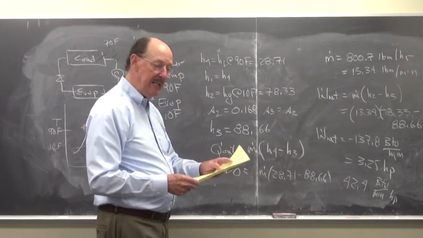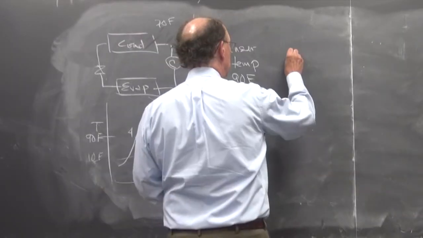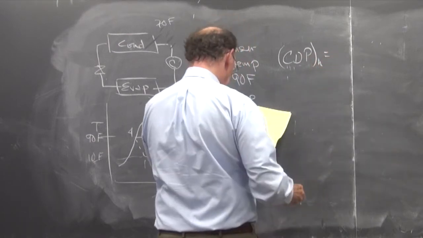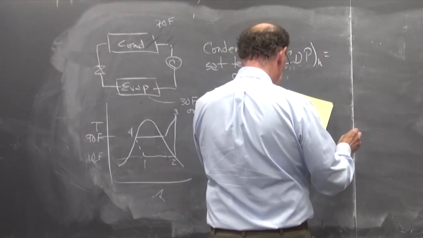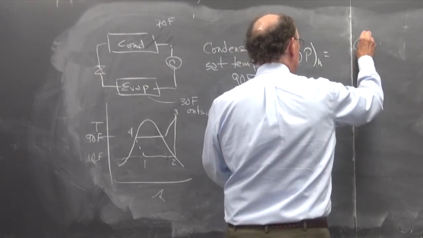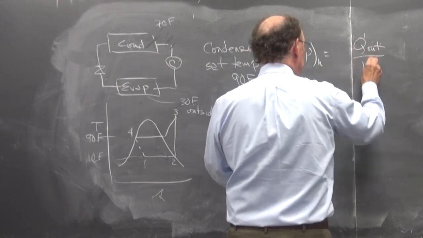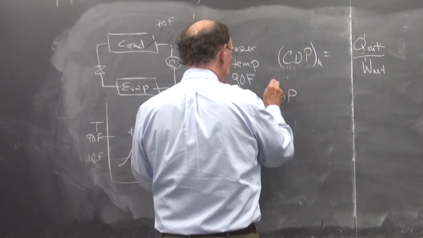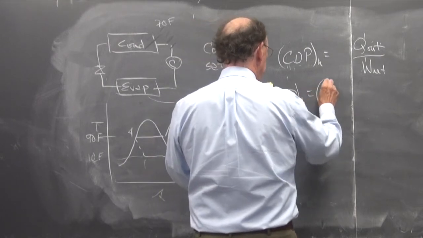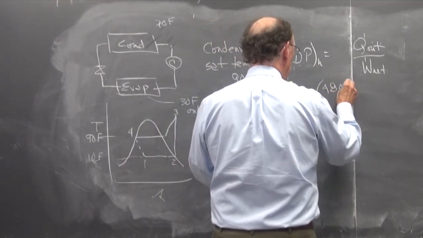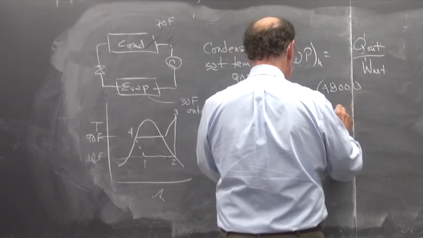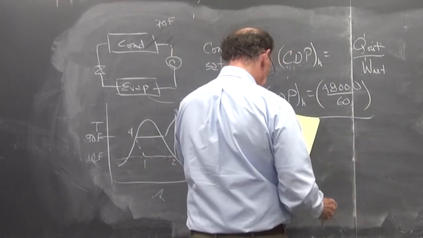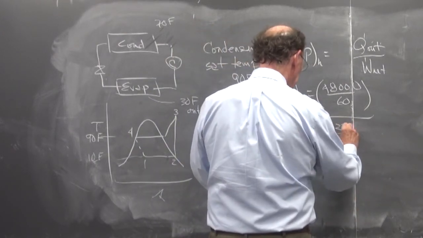The COP for heating is equal to Q dot out over W dot net. So COP H is equal to 48,000 divided by 60 to give it in BTUs per minute, divided by 137.8.